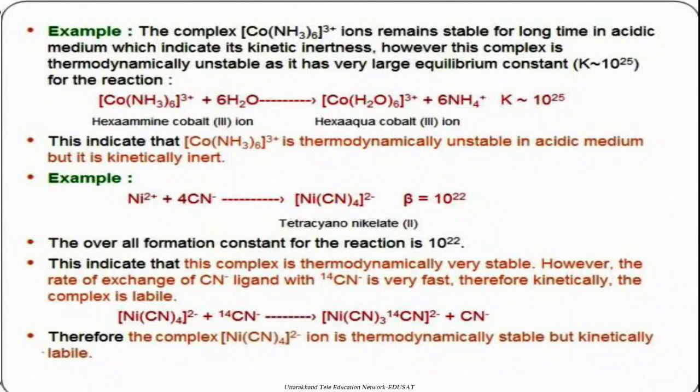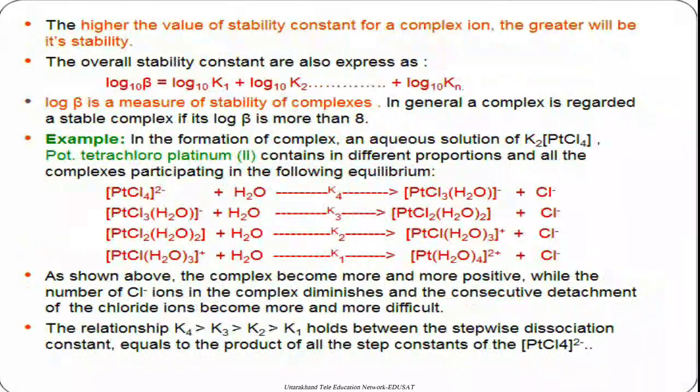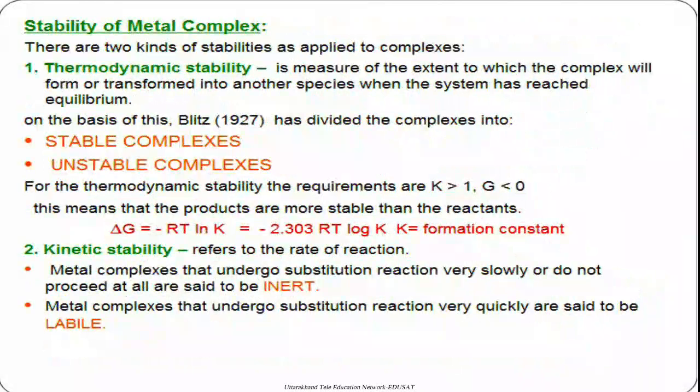Therefore, the complex [Ni(CN)4]2- is thermodynamically stable but kinetically labile. Similarly, we can also explain the relationship: the higher the value of the stability constant of a complex, the greater will be its stability.